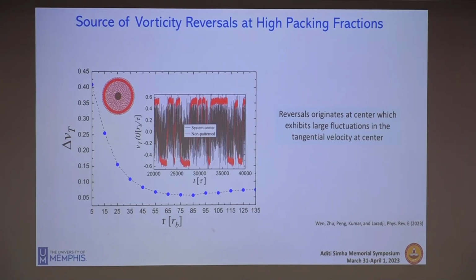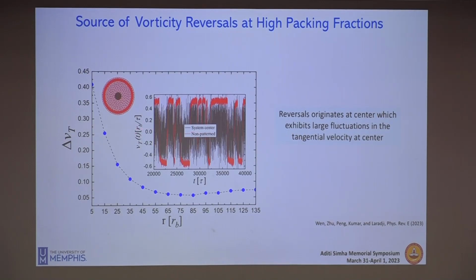We do not have a very clear understanding of how these reversals happen, but we looked at the amount of fluctuations in the tangential velocity of the particles in different regions of the system. The black region is very close to the center, and the red corresponds to the outer part of the system.